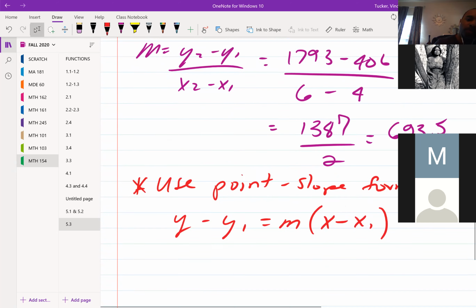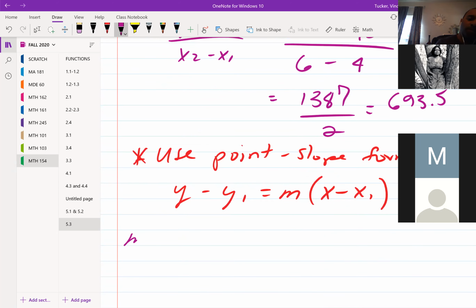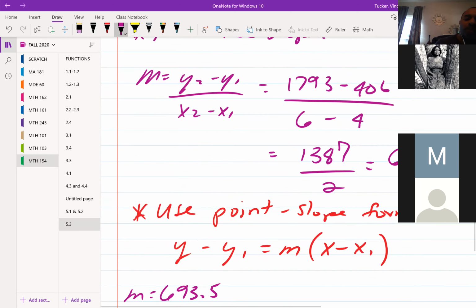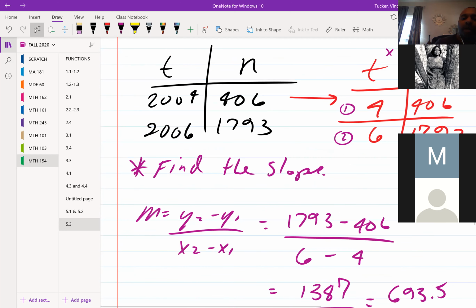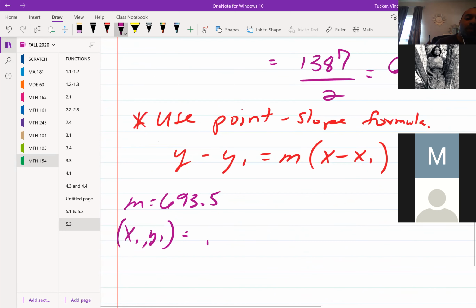And we're going to use the slope that we calculated, 693.5. And we can just go ahead and use x1, y1. But remember that it doesn't matter which point you use. Both of these points lie on the same line. So you can use either one. But since I've already labeled 4 and 406 x1, y1, I'll stay true to that.